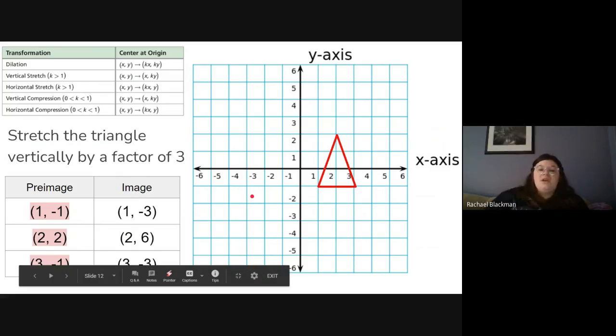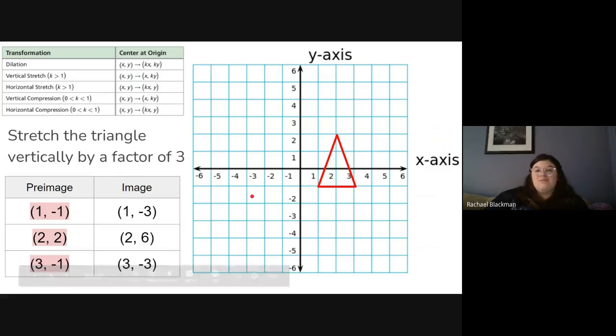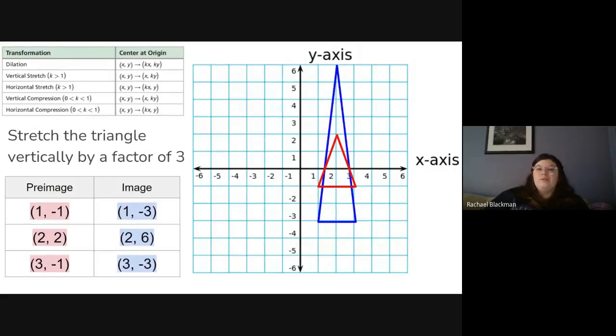And once more, -1 times 3 is -3. If I plot all those points, now in blue, we see the image of my triangle after my vertical stretch. Obviously, this thing got stretched. The width is still the same. Everything just got stretched vertically by a factor of 3, away from the x-axis only.